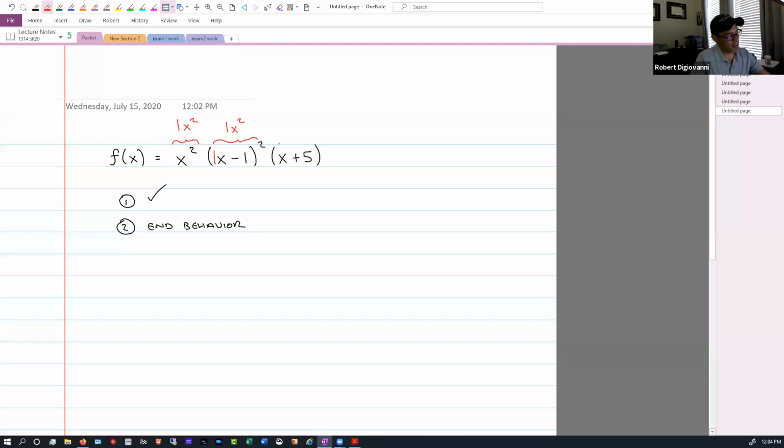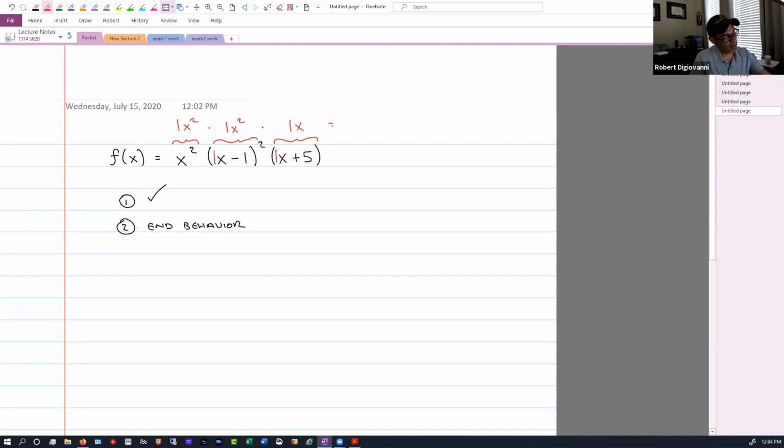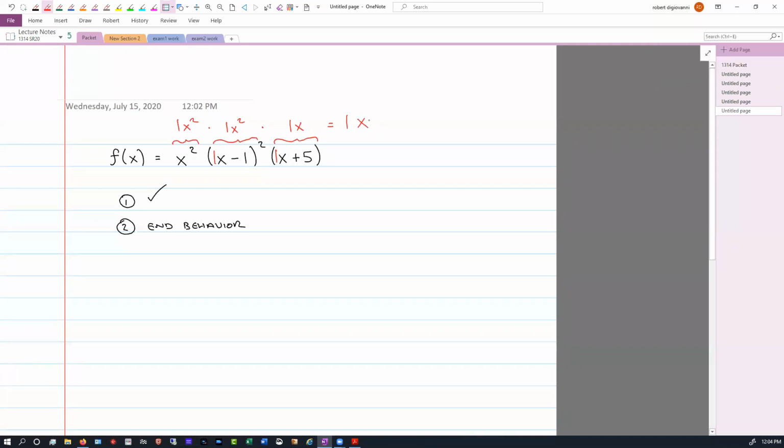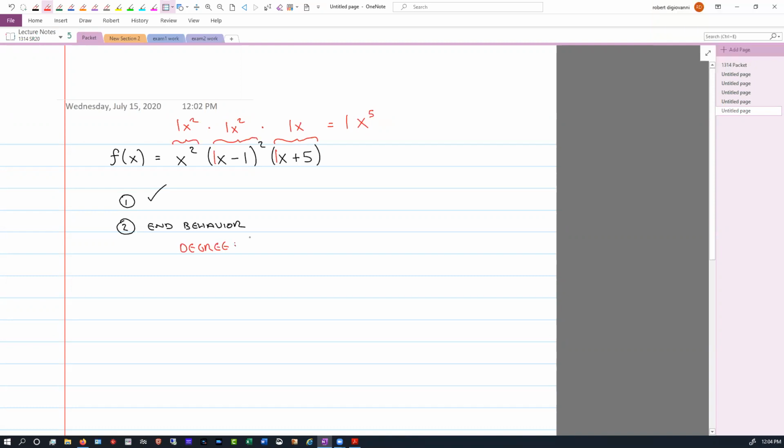Okay, and then what about this last one? What is this last one acting like? 1x. Okay. So if we were to multiply those together, we get 1 times 1 times 1, that's 1. And then x to what power? 5. X to the 5th, yeah. Okay, so then what's the degree of this polynomial? 5. Okay.